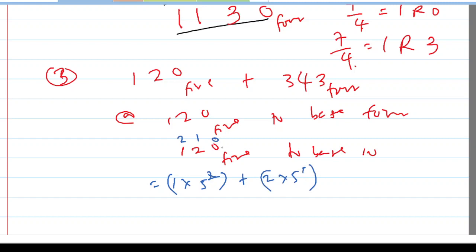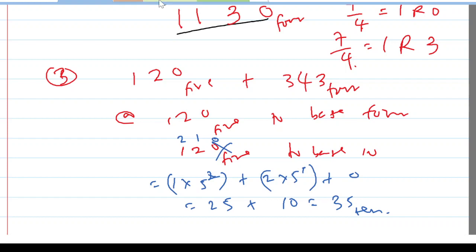Like I've said, we can get rid of this since it gives me 0. Then I have 25 plus 2 times 5, which is equal to 10. That's 35 base 10.